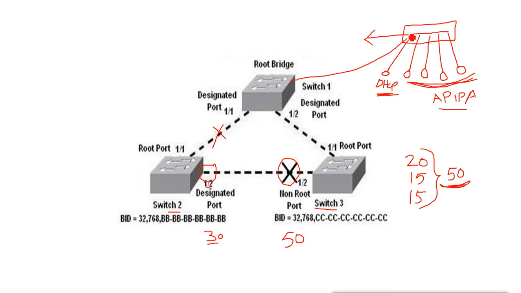What does BPDU guard do? It guards against BPDUs. If you connect the port to another switch and it receives any BPDU from that side, it will change the state and start taking part in STP.